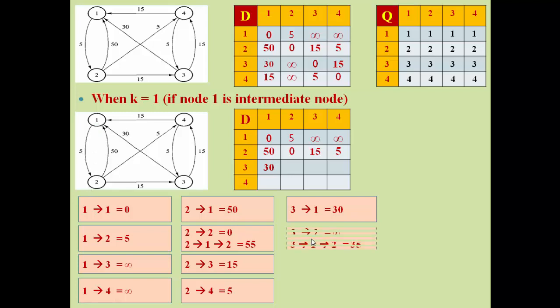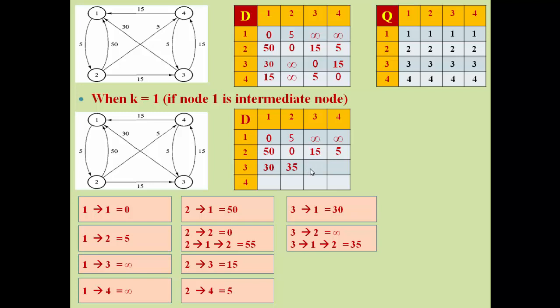So when we reach from 3 to 2, it is a sentinel symbol, but through intermediate node 1 we can reach from 3 to 2, and the distance is 35. Which one is minimum? 35. So in place of the sentinel symbol we have to put 35 here.